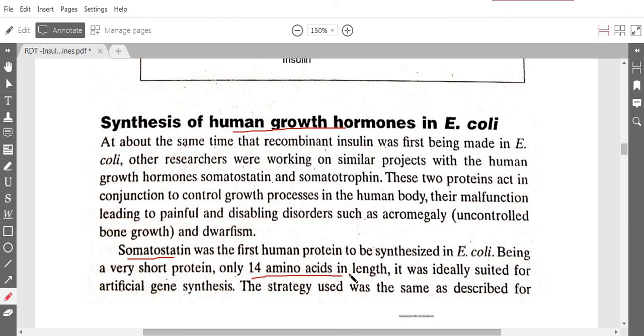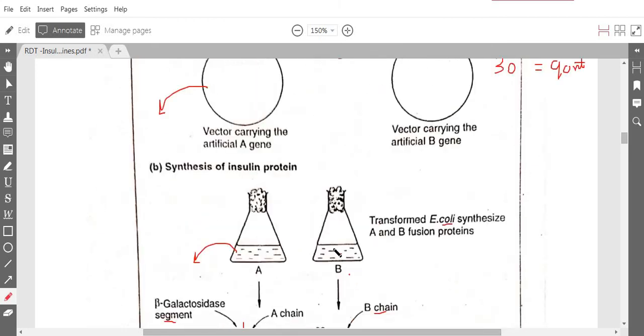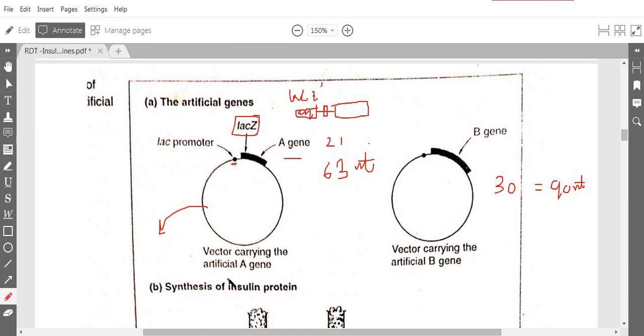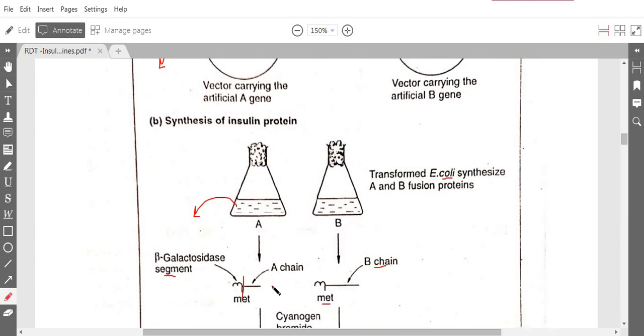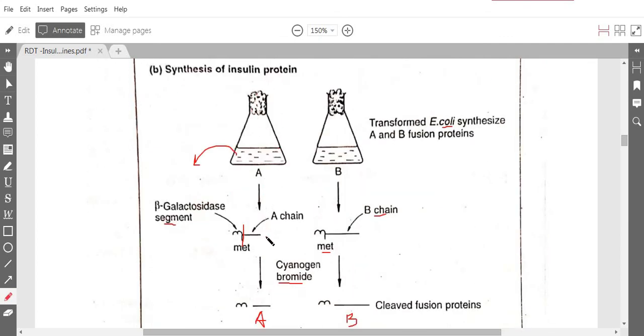So 14 amino acids means 14 times 3, that is equal to 42 nucleotides, and you can tag one methionine residue before the start of the gene, along with the beta galactosidase gene, and do the same process by which you can manufacture the insulin A chain. In the same way, you can manufacture the recombinant somatostatin hormone.